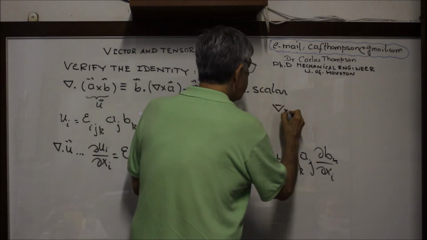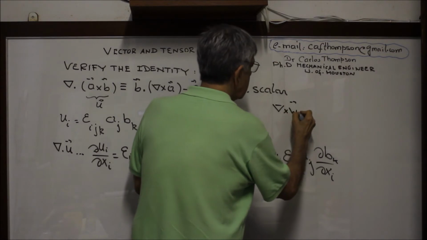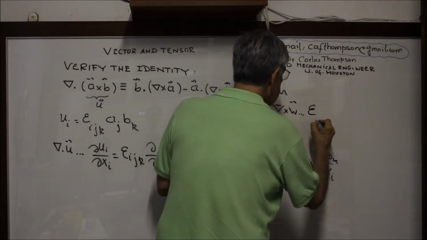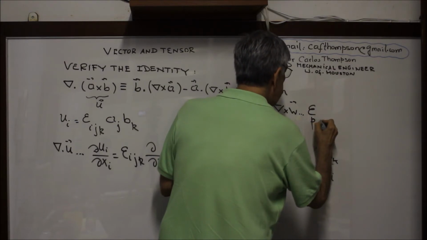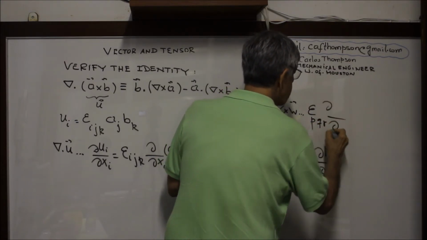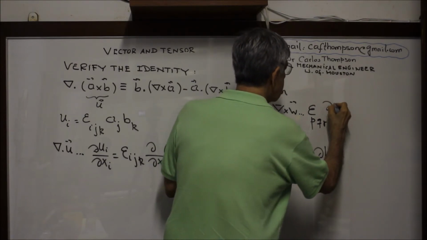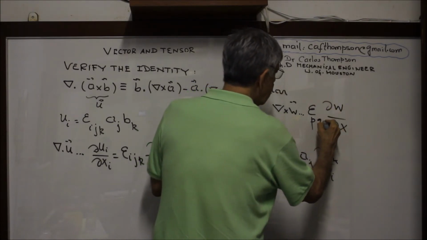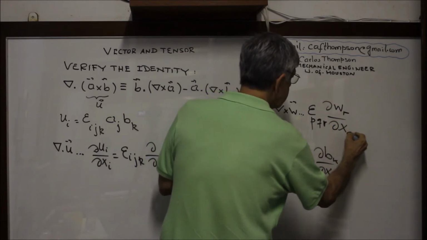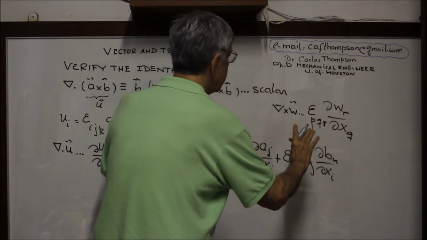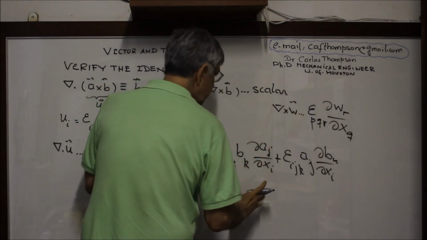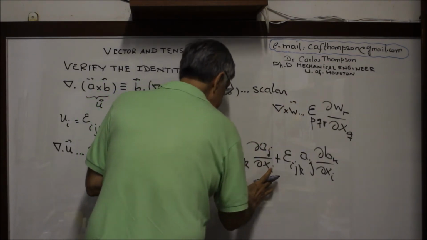Let's put epsilon PQR, partial of X, this is W. Remember, this R here comes here, and Q comes here. Don't forget that, because we're going to use it right here.